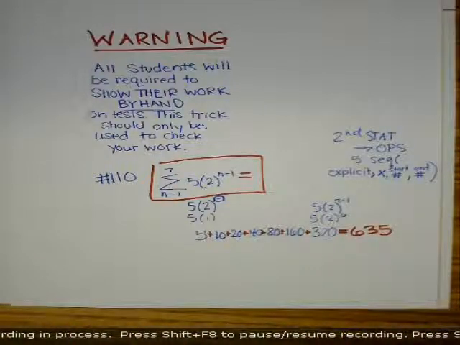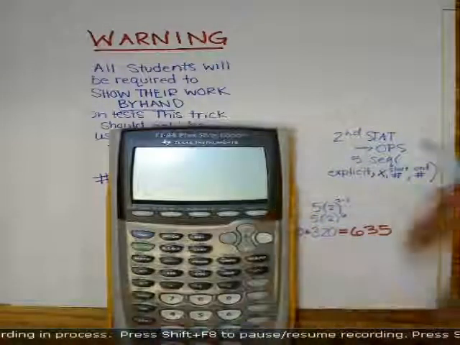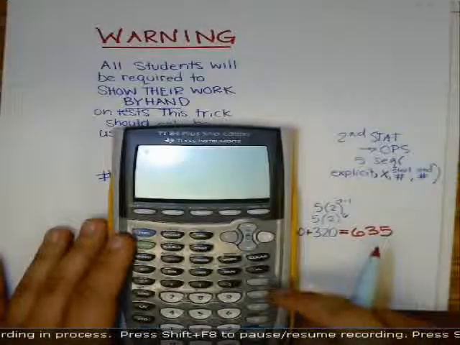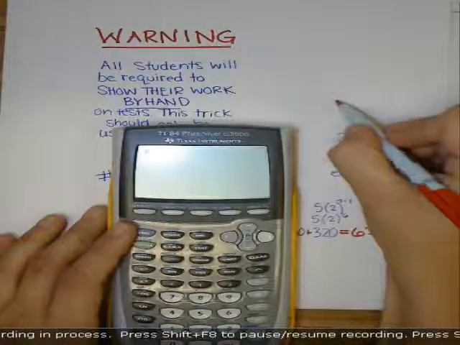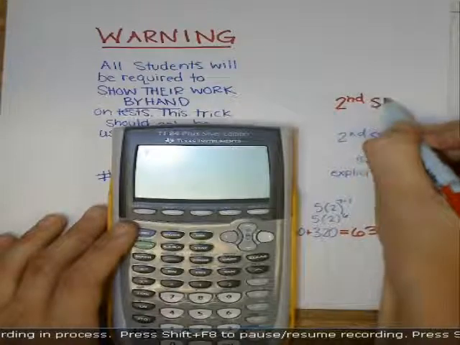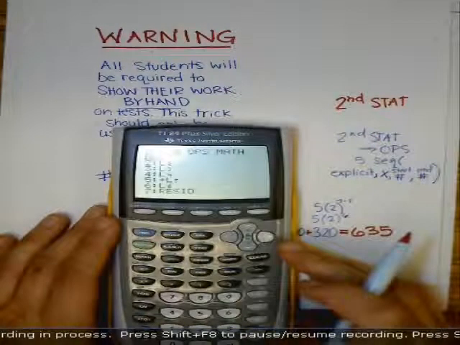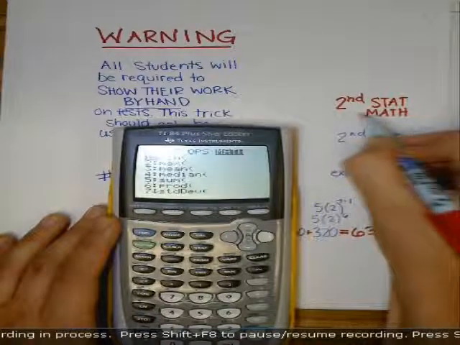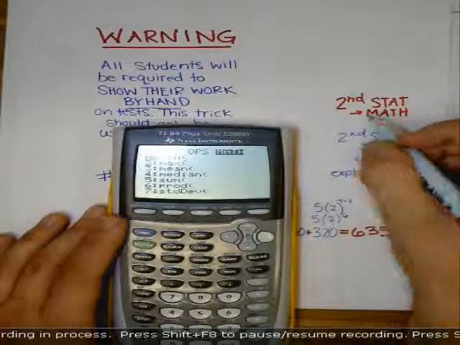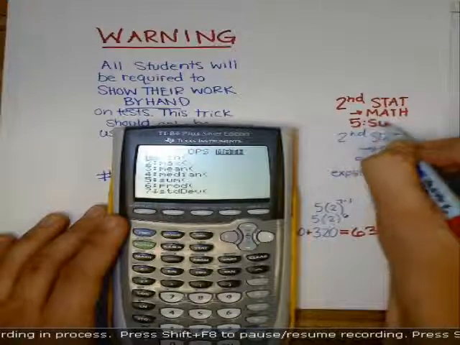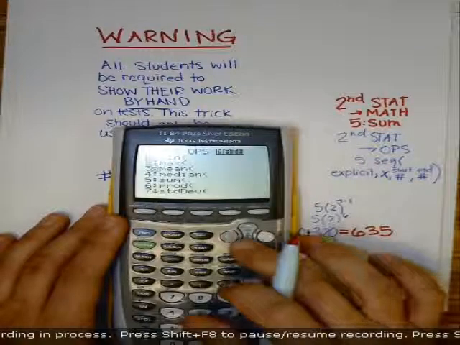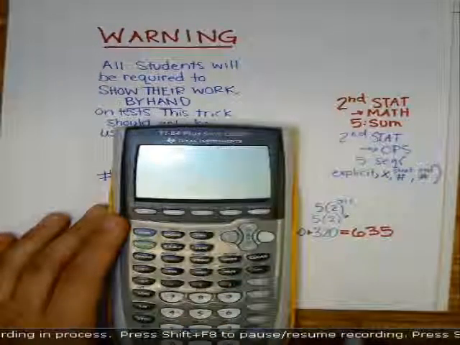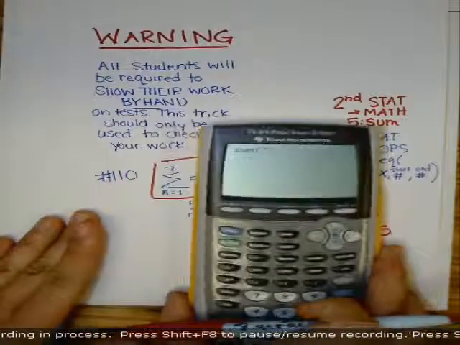The shorthand calculator way uses this idea of our sequence, but we're going to use one more step ahead of it. We're going to say second stat, scroll over to the button that says Math, and then scroll down to the button 5 for sum. We'd like to sum our series. Whoops, I'm sorry, you can't see that.